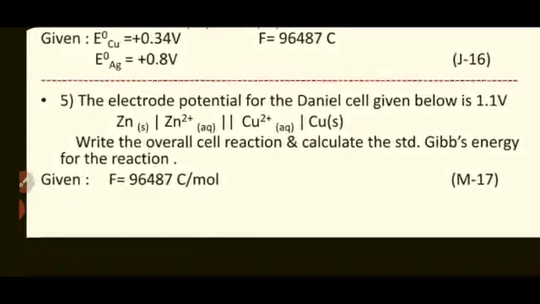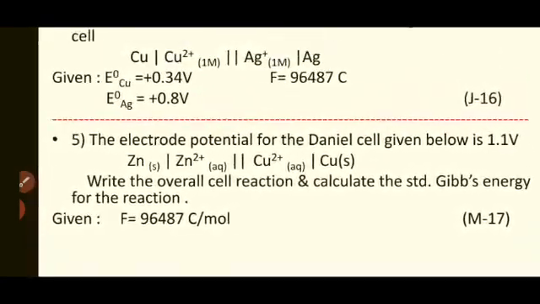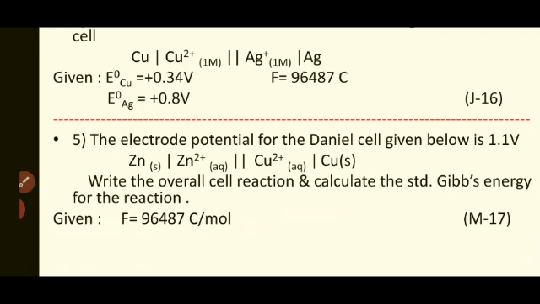Then the electrode potential for the Daniell cell is given. Write the overall cell reaction. Here 3 marks are given: first to write the reaction, then for calculation of standard Gibbs energy. So see here, the F value is given as 96,487 coulomb per mole. This problem was asked in March 17.